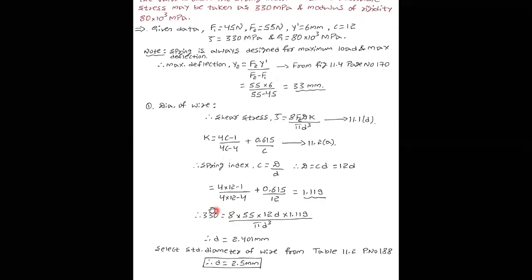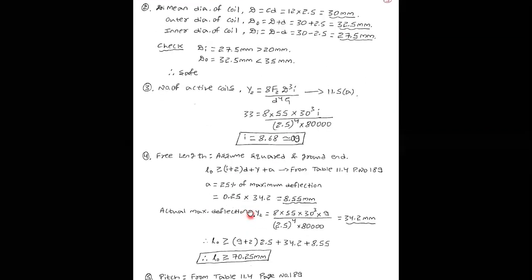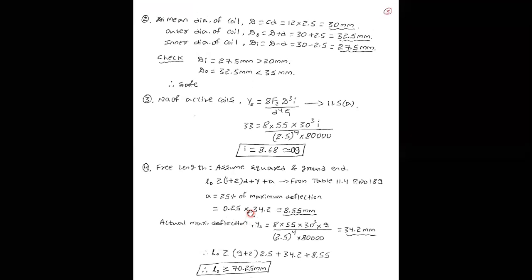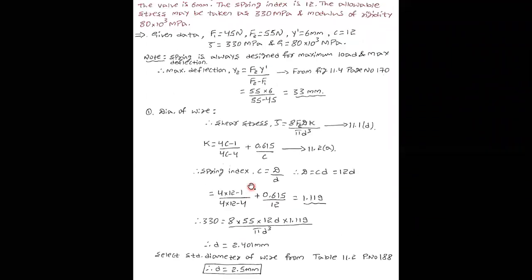Substitute capital D as 12d in the above equation. The shear stress is also given, it is 330 megapascal. Substitute all the values, and after substituting you are going to get the diameter, d is equal to 2.401 mm.